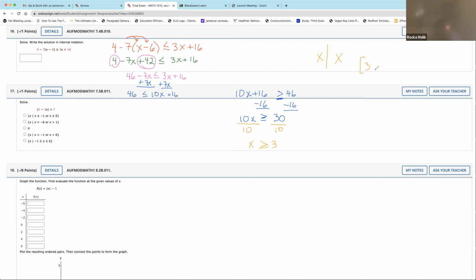And everything bigger than 3, 4, 5, 6, 7 million and 12 gazillion, whatever, comma, all the way to infinity, since there's no end number. Infinity always gets the open parenthesis because it has no ending. This is interval notation.